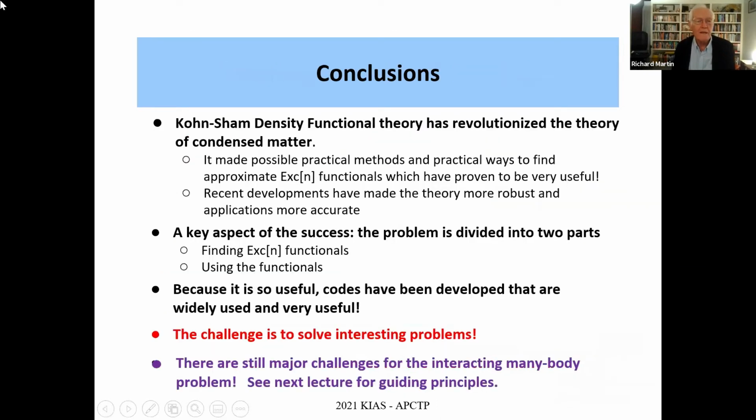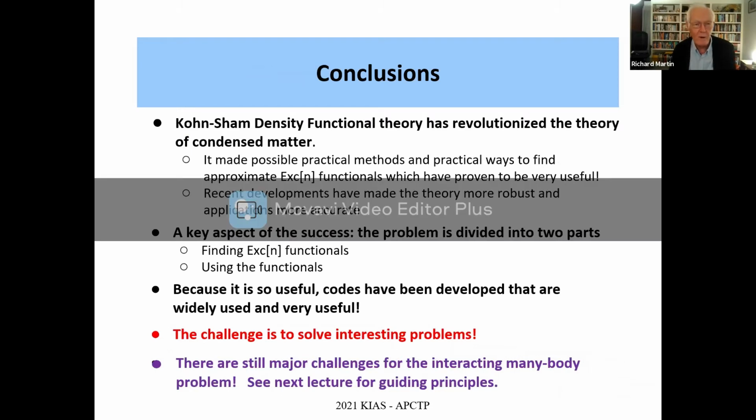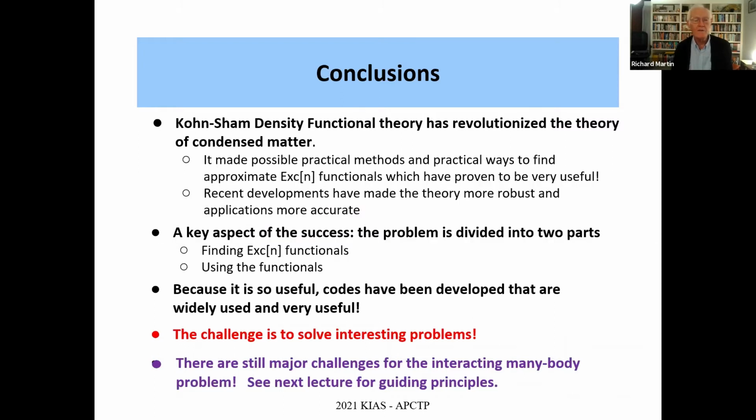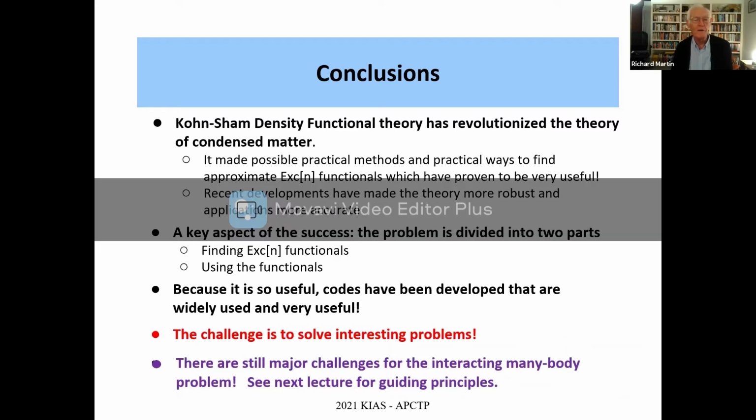So my conclusions for this lecture are that Kohn-Sham density functional theory has revolutionized what we do with the theory of condensed matter. The key to this success was that the problem was divided into two parts: finding the functionals, which is a big job, but using the functionals, which opens all kinds of opportunities and possibilities for studying materials.